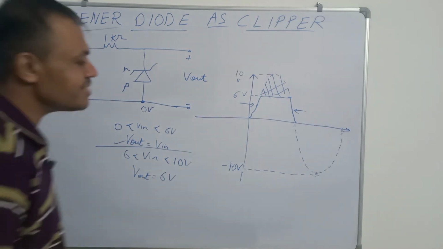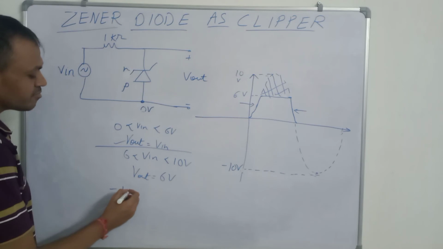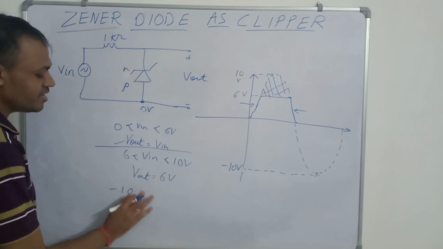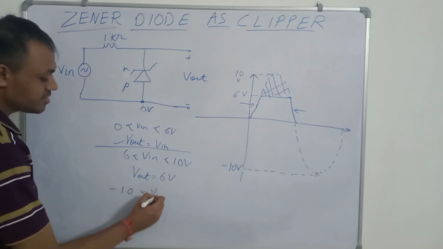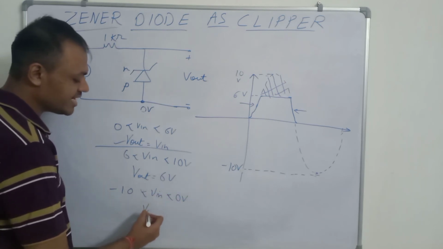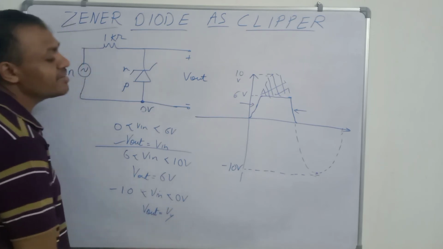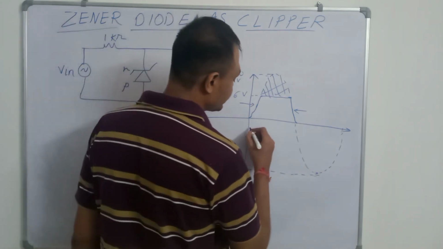Now in the negative half cycle, when V in is between minus 10 volt and 0 volt, V out will be equal to V gamma, that is the cut-in voltage of the diode, and we have chosen the cut-in voltage as 0.6 volt.